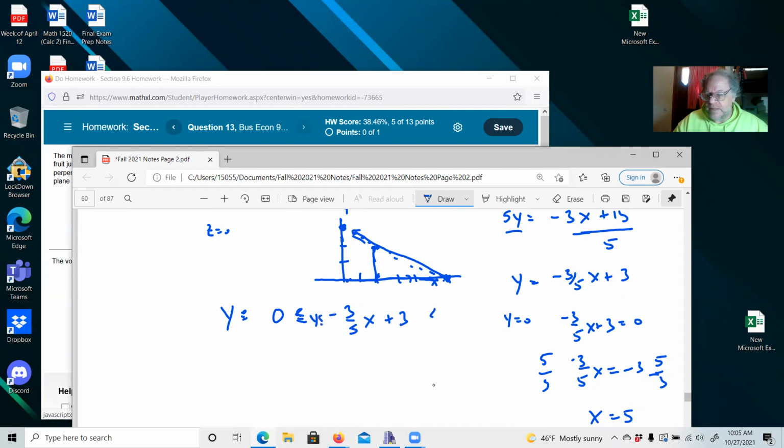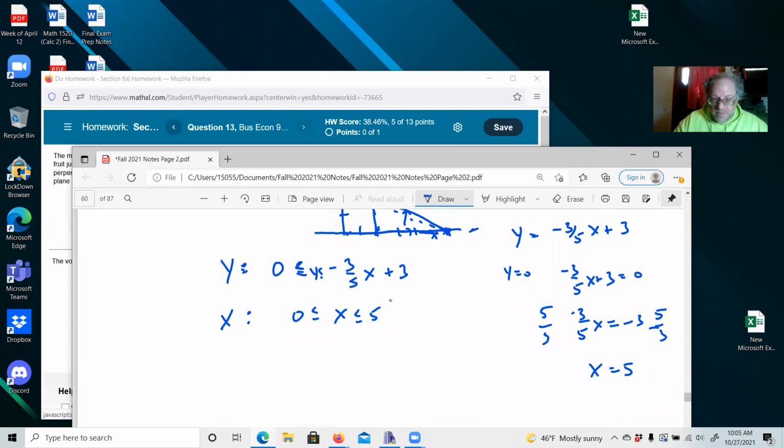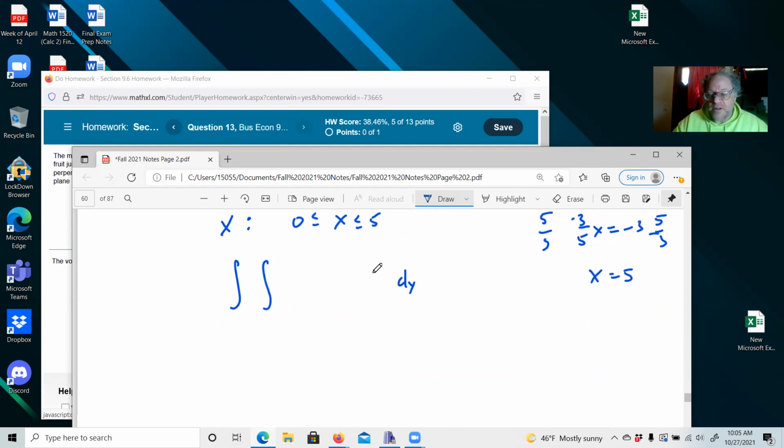So that's y. Okay, so y goes from 0 at the bottom here, and then to the top, it bumps up to this roof type thing here, which is this guy. My x is just happy going between 0 and 5. Okay, so we set our integral up. We're going to integrate with y first because we've got x's there.